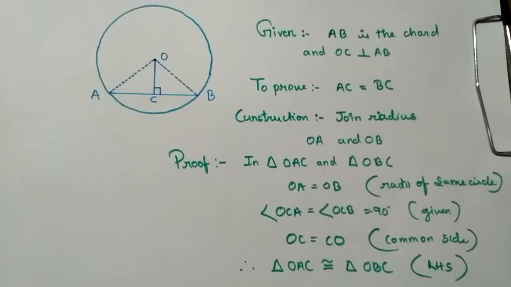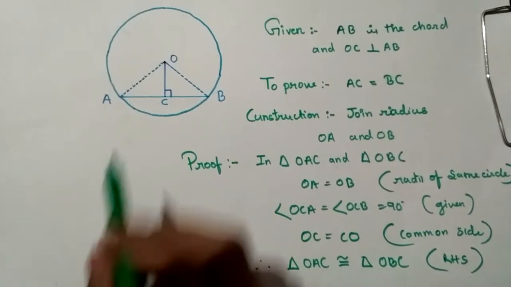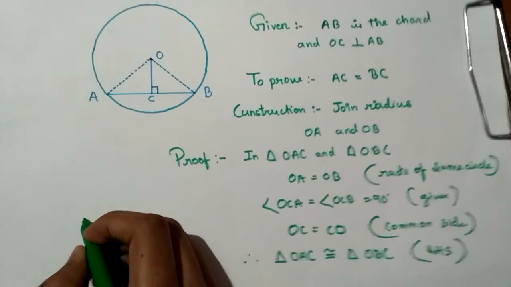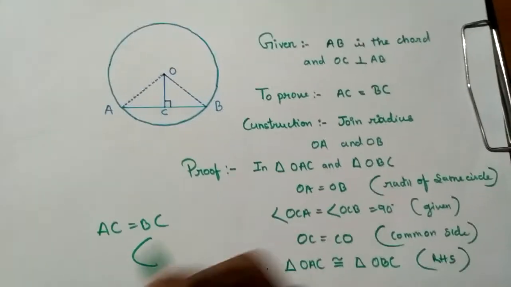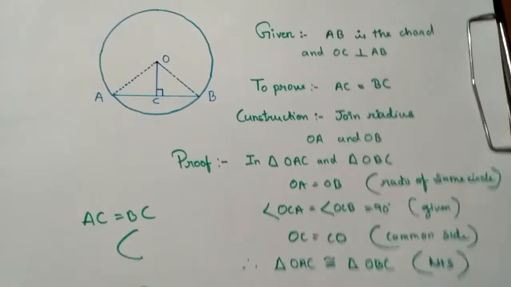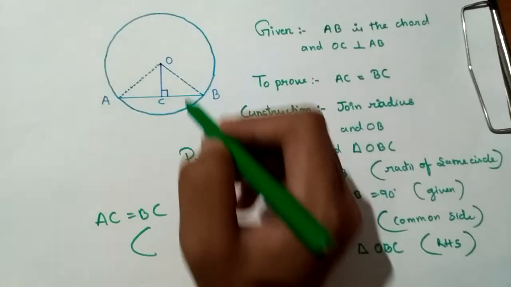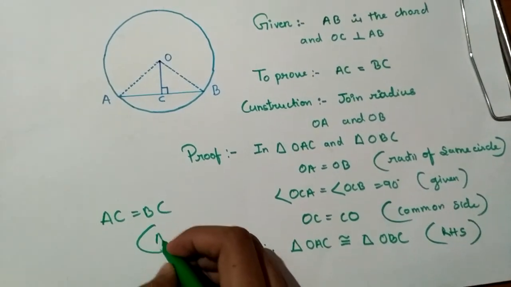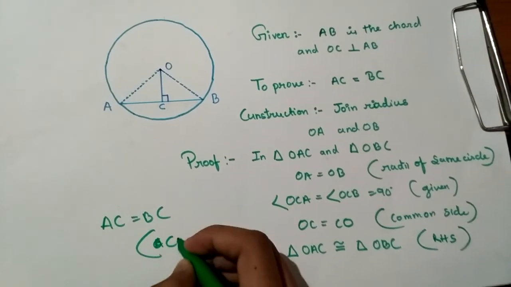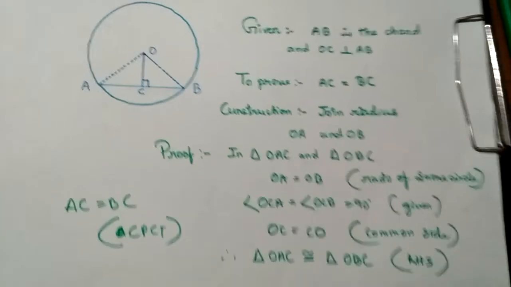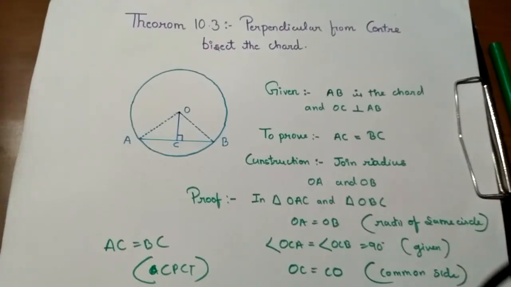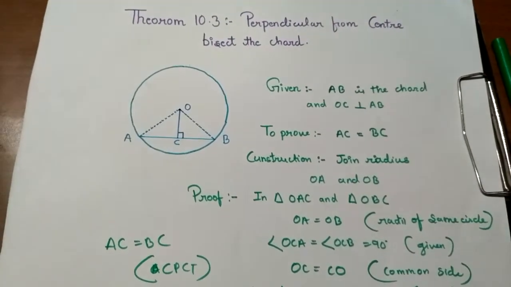So I can write here that AC equal to BC by corresponding parts of congruent triangles. As these two triangles are congruent, by CPCT, AC equals BC. So friends, we have proved this theorem: the perpendicular from the center bisects the chord.